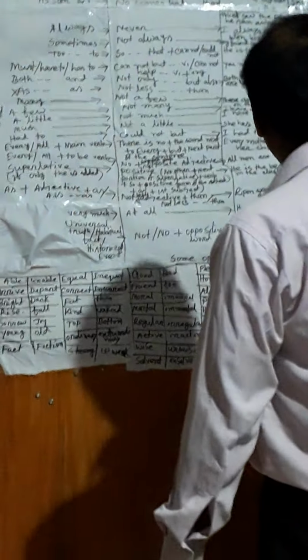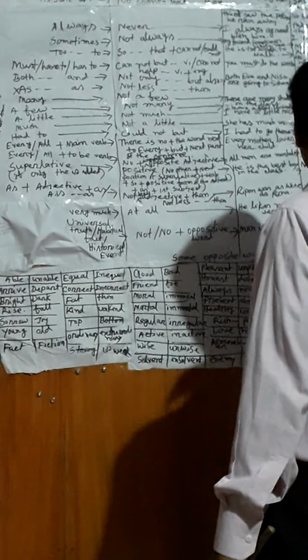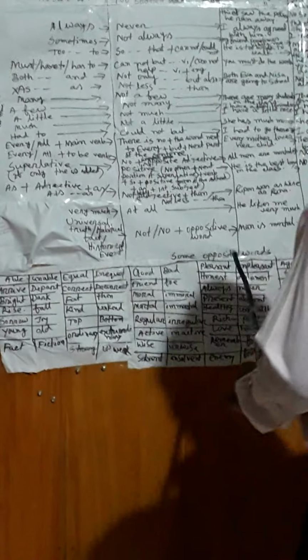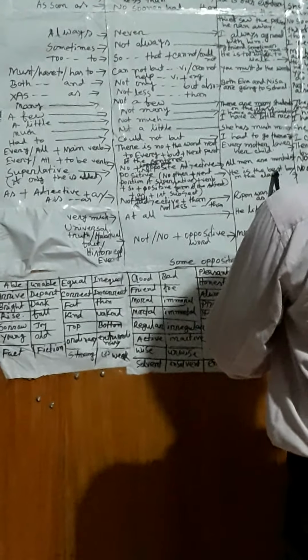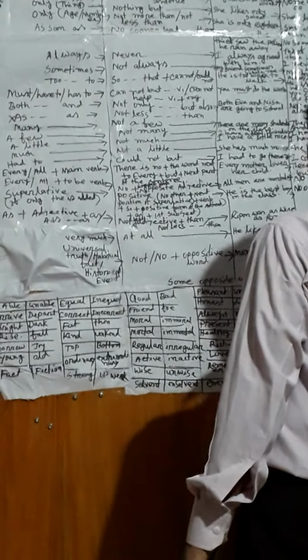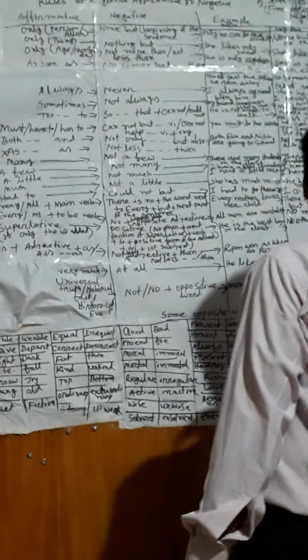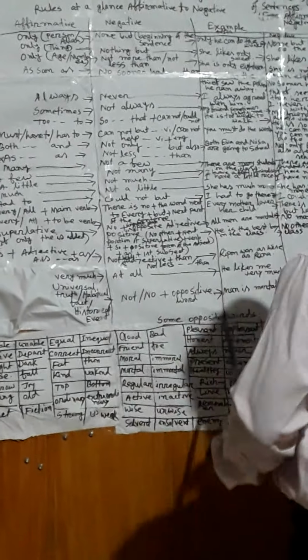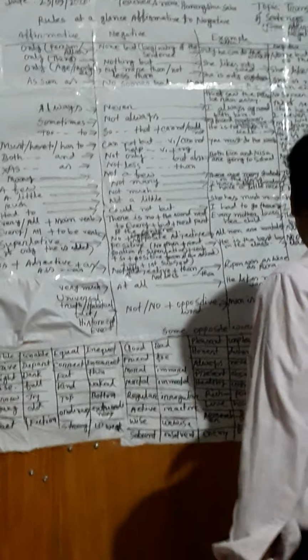Now look at the example. He is the best boy in the class, and then the answer will be: no other, then the next portion of the superlative. The next portion of the superlative is boy in the class. Then the verb here is is.